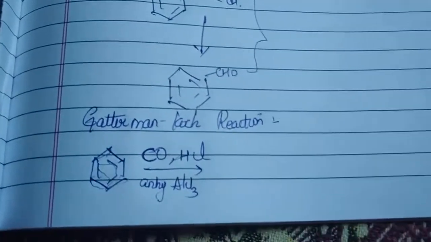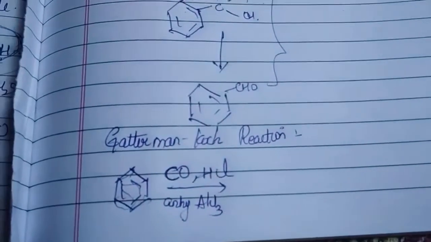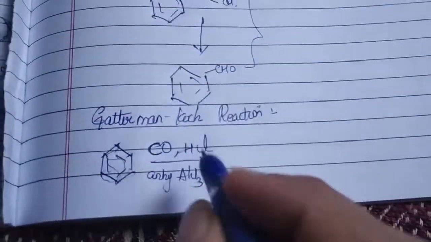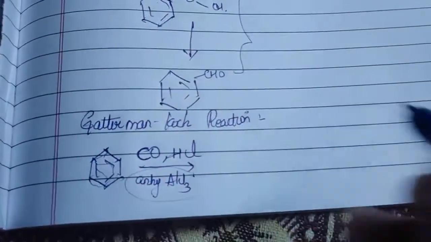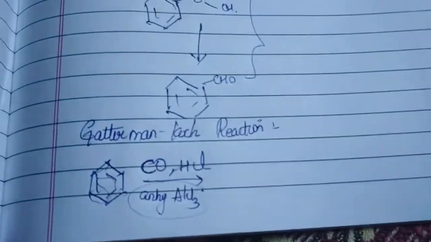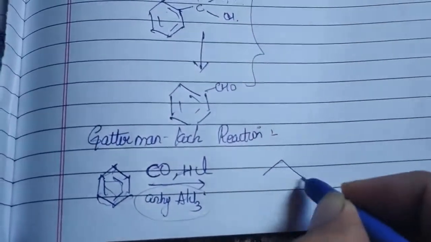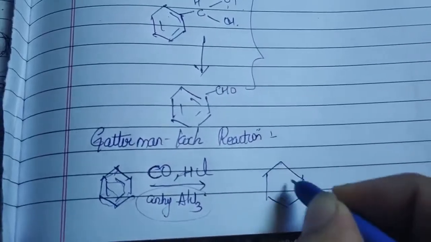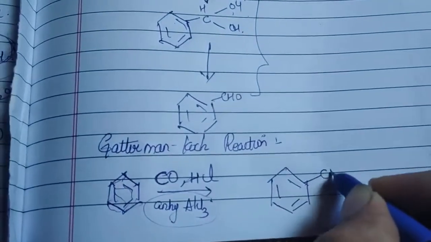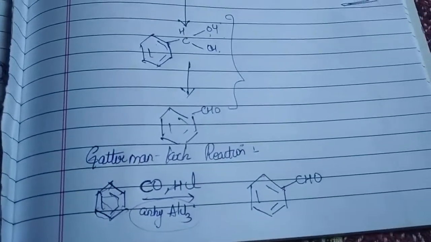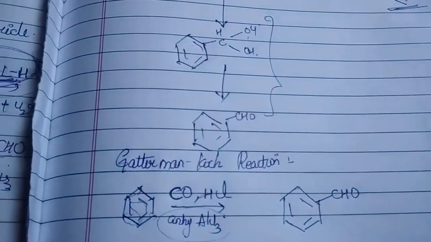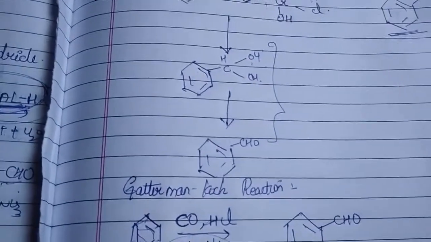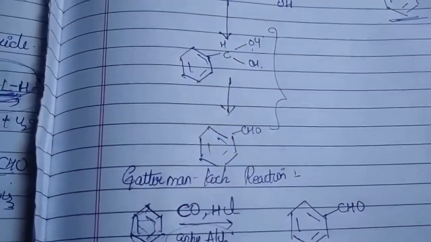In certain cases, instead of anhydrous AlCl3, we can also use cuprous chloride. When you carry out this reaction, of course, we will be getting our respective benzaldehyde. So this reaction is called the Gatterman-Koch reaction.